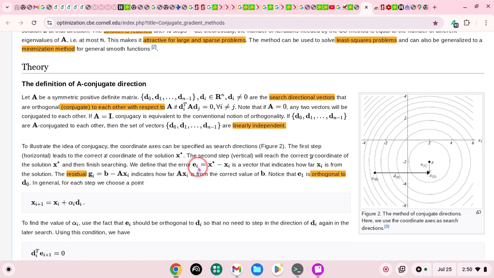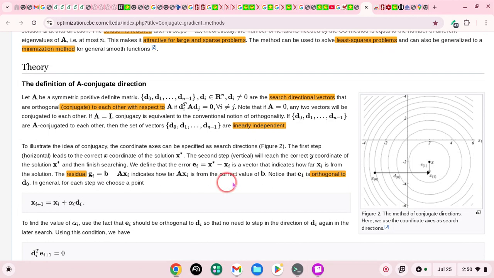The error after the ith step would be x star, which is the true solution, minus xi, expanded in this i-dimensional subspace. Once the computed vector at step i is substituted in the equation, b will not be exactly represented by this linear transformation. There will be a residual, termed gi, which is also orthogonal to that subspace.